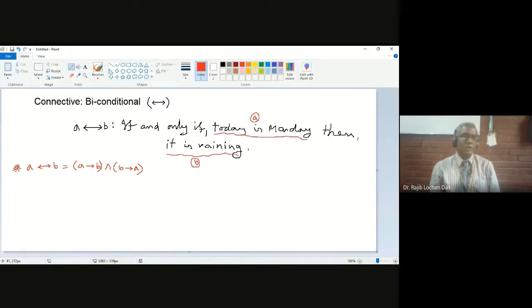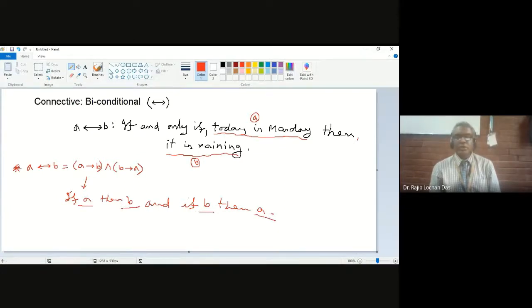You can use this idea, but if I write the sentence like this, if A, then B, and I'm writing again and again if B, then A, it will be a very, very big sentence.